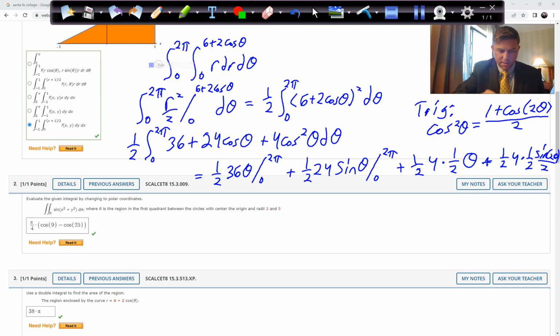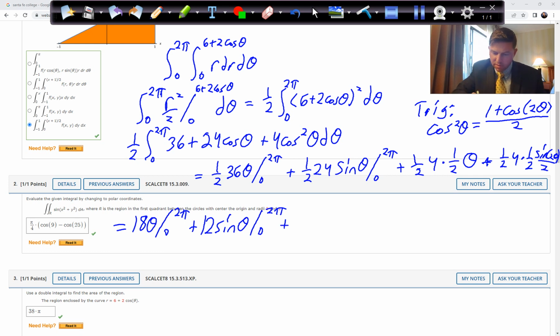Okay, a lot going on there. So let's see if we can start to simplify this. This is going to be 18 theta from 0 to 2 pi. This is going to be plus 12 sine theta from 0 to 2 pi.